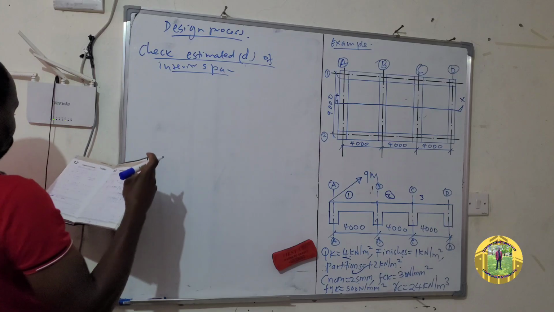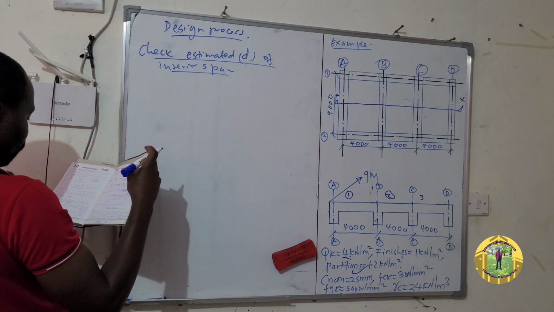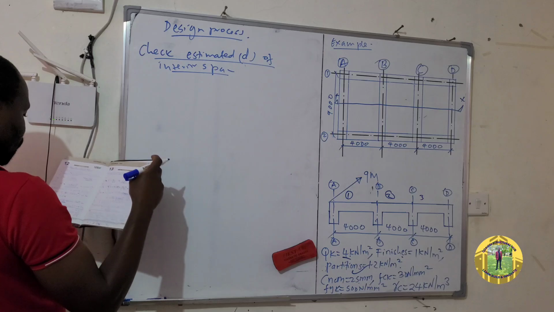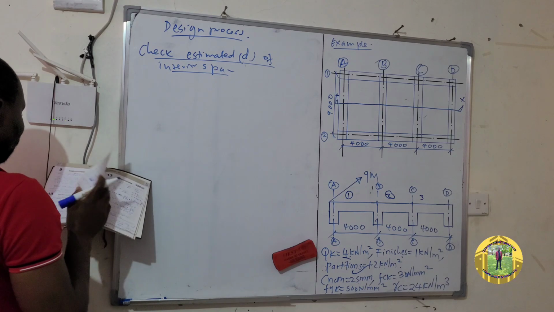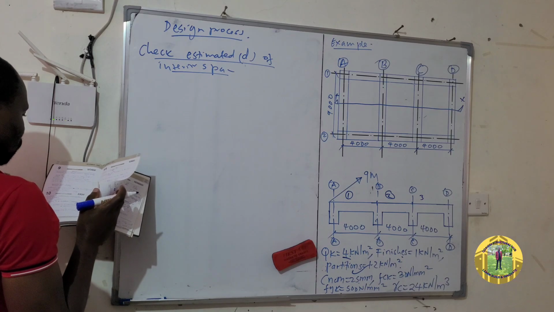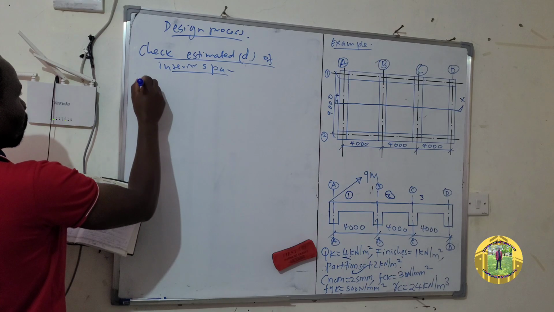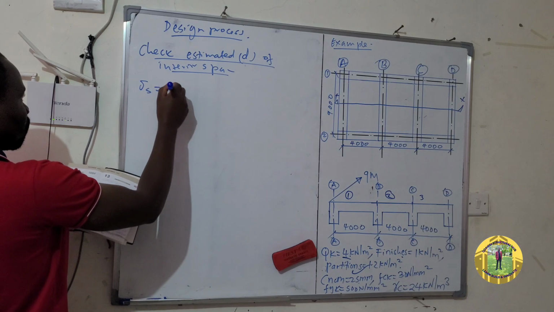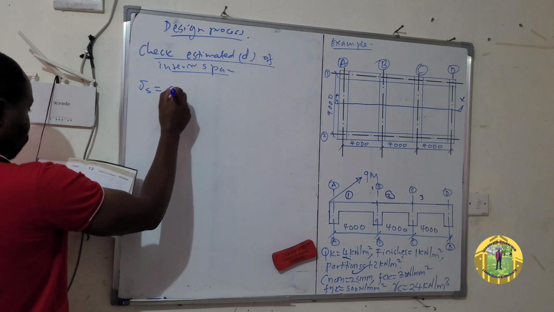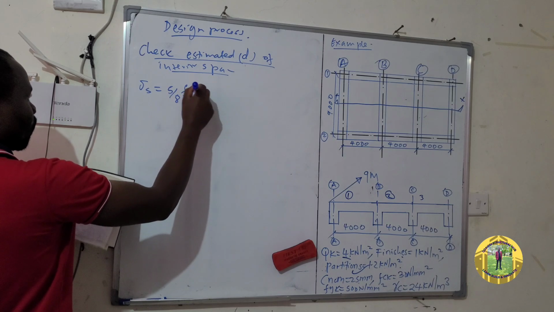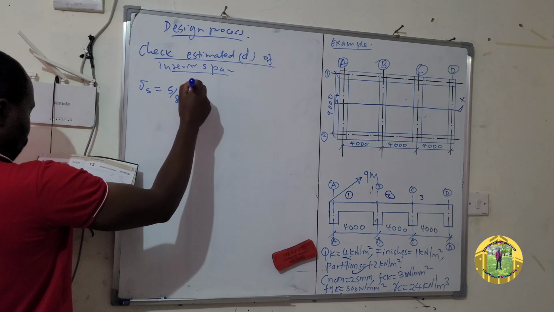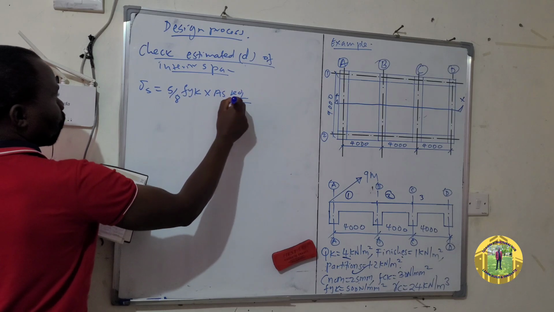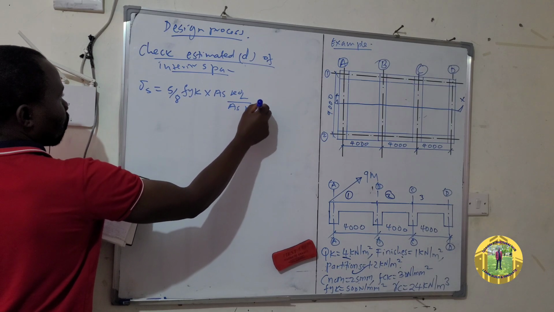We'll start by calculating the design or service stress, which is given by 5/8 fyk times area of steel required over area of steel provided.